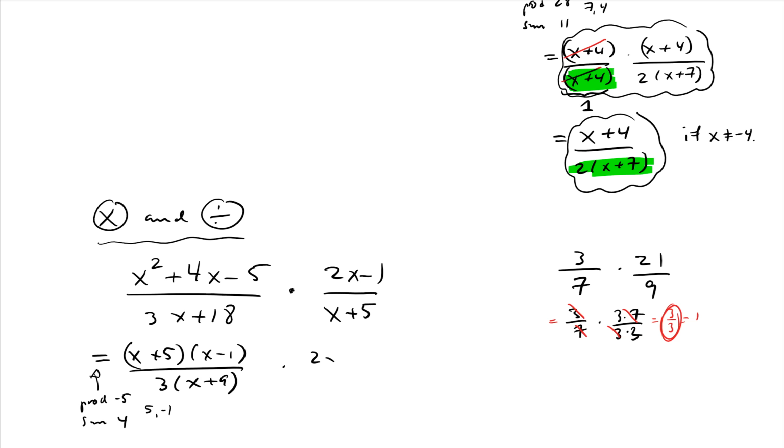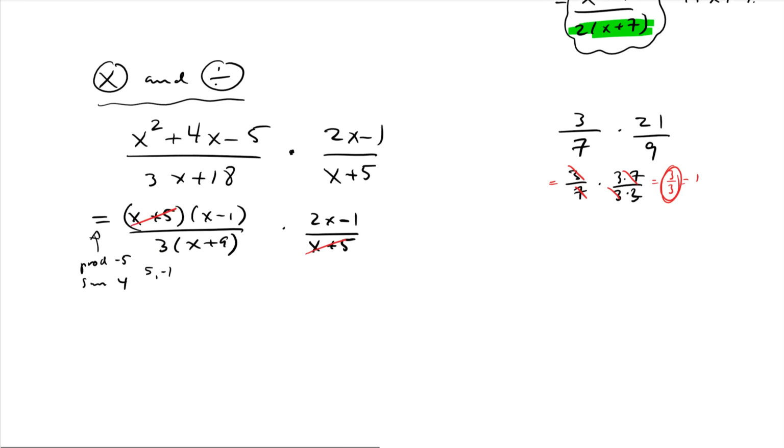And here, 2x minus 1, there's nothing you can do about that polynomial. I cannot use the greatest common factor in either of them. So this is how it stays. But now I can see, oh, x plus 5 is common to both. So I just simplify those, and then I can perform my multiplication.